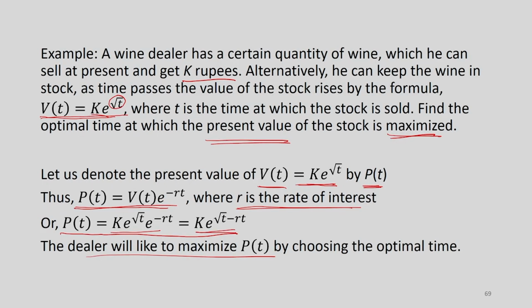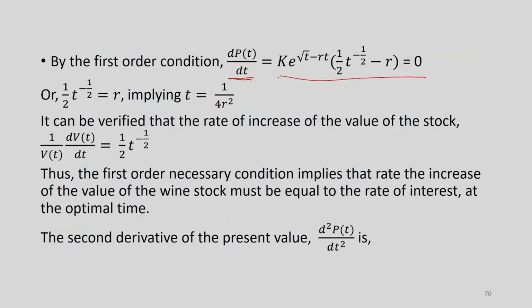So, k multiplied by e to the power a function of t will give k multiplied by e to the power that thing, root over t minus rt, multiplied by the derivative of this. This is the substitution method, and if you take the derivative of root over t minus rt, then you get half of t to the power minus half minus r. The whole thing should be equal to 0 by the first order condition. Now, the first part cannot be equal to 0 because t is a finite number.